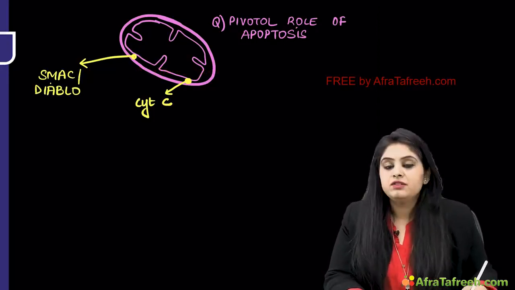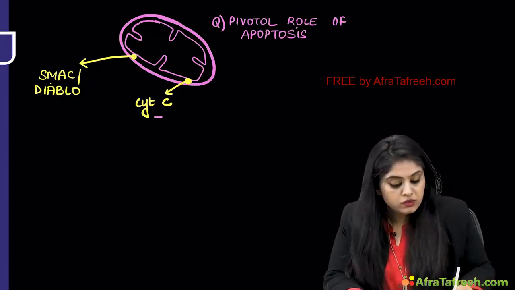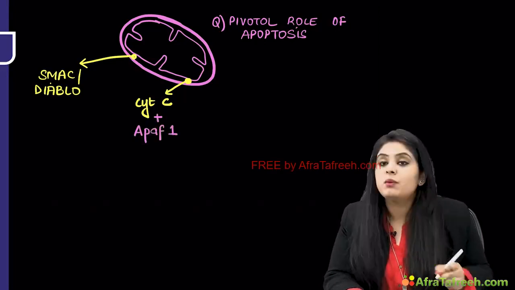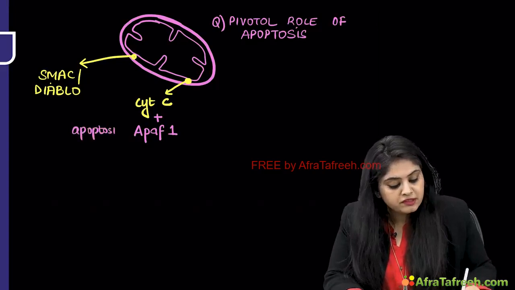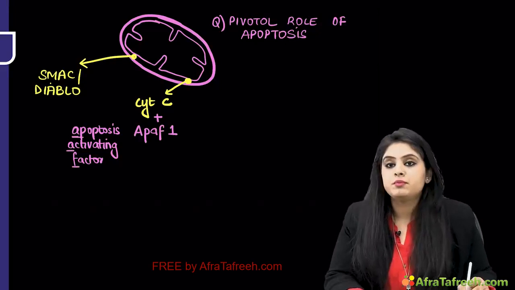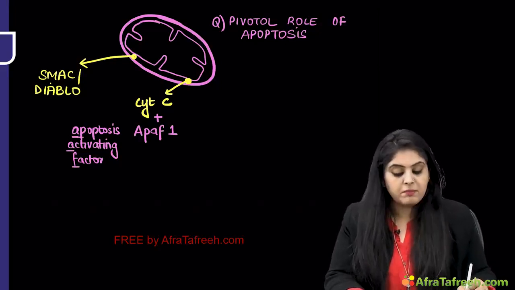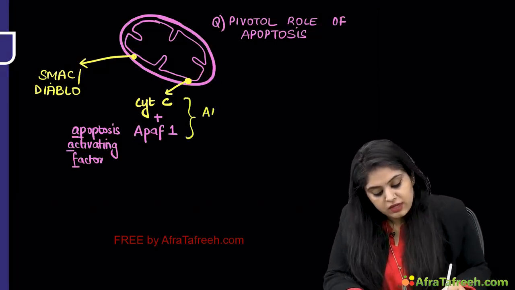So having said that, please remember, cytochrome C that has come out is going to combine with a molecule called APAF1. If you are one of those who like to know full forms, APAF stands for apoptosis activating factor 1. So APAF1 is what it combines with, and together these two things are known as apoptosome.